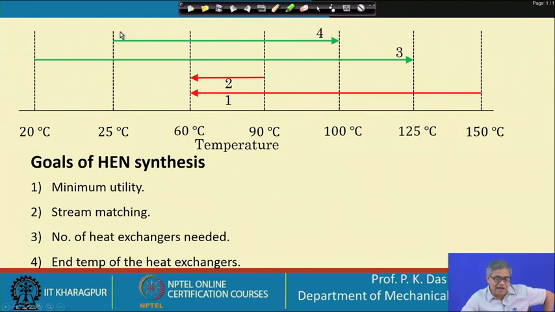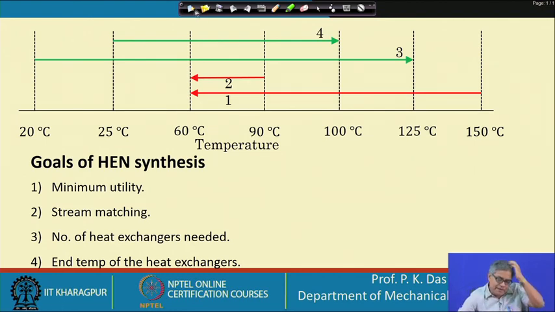Another cold stream starts at 25 degrees Celsius and goes to 100 degrees Celsius. From this figure we can see in which temperature range heat exchange is possible. We will see whether we can really have heat exchange in that range. In which temperature range mutual heat exchange between two streams is possible, we can find from this figure.